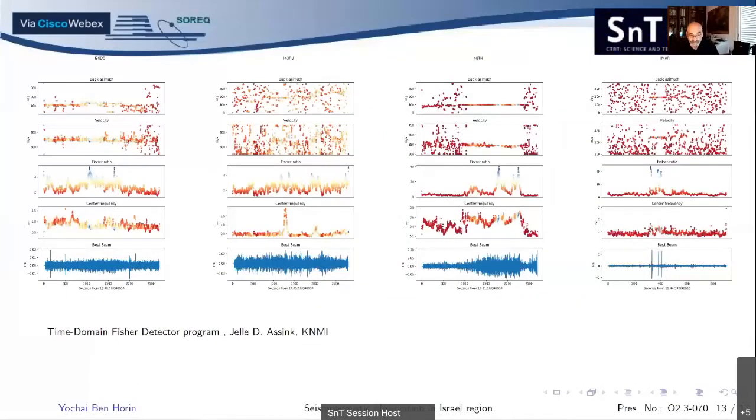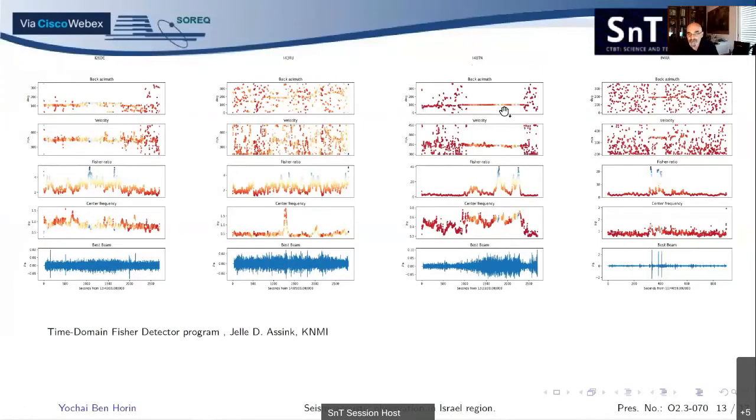We ran the time domain Fisher detector. Here is a broad picture only to show you that sometimes there is an azimuth even before the Fisher ratio values are good. These are really those stations: I-26, I-33 in Russia, and I-48 in Tunisia.